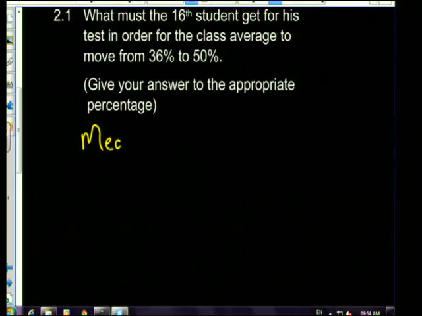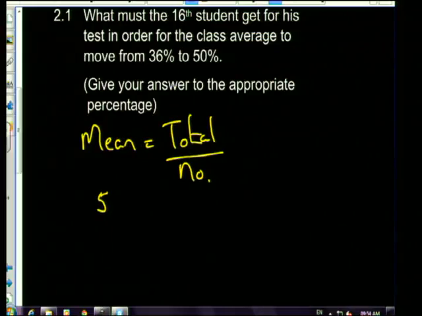We're going to say the mean is the total divided by the number of students we have. Now, what does the teacher want? The teacher wants 50%. So we're going to aim at getting the mean 50%. So let's change the mean to 50%.